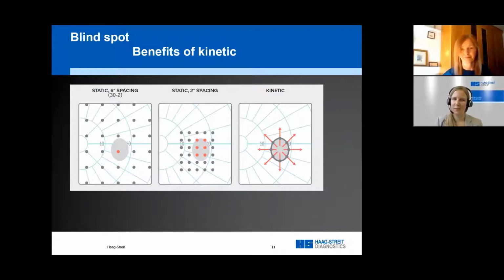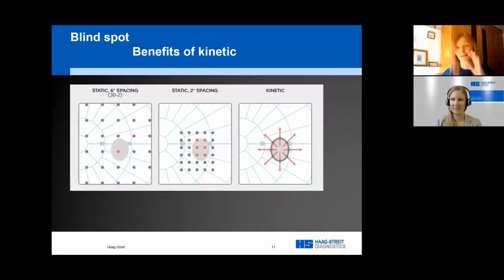What are the benefits of kinetic testing in blind spot testing? So I think we need to go back to kinetic perimetry being flexible and the very interactive nature you have with this type of testing. Essentially, blind spot testing is no different than mapping a scotoma area.